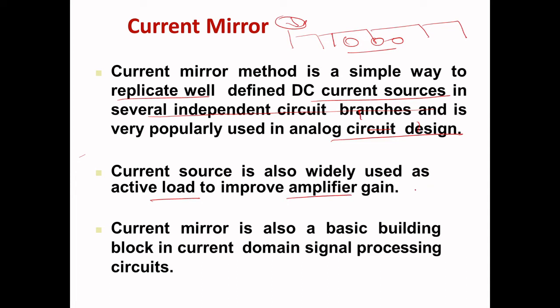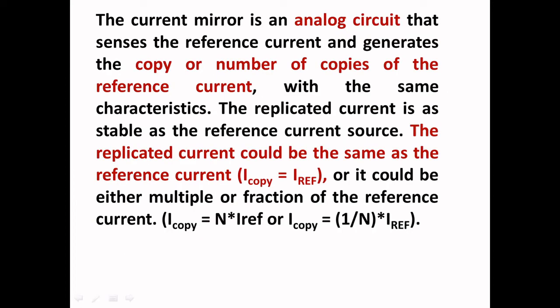We can design this current source using an active element, that is a BJT, MOSFET, anything, but here we are going to focus only on the MOSFET. The current mirror is one of the basic building blocks in signal processing circuits. So I said clearly the current mirror is an analog circuit.